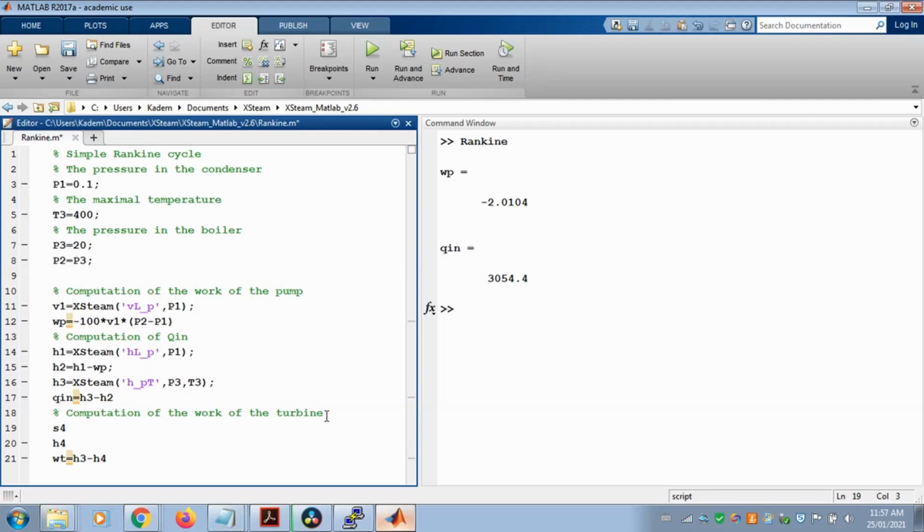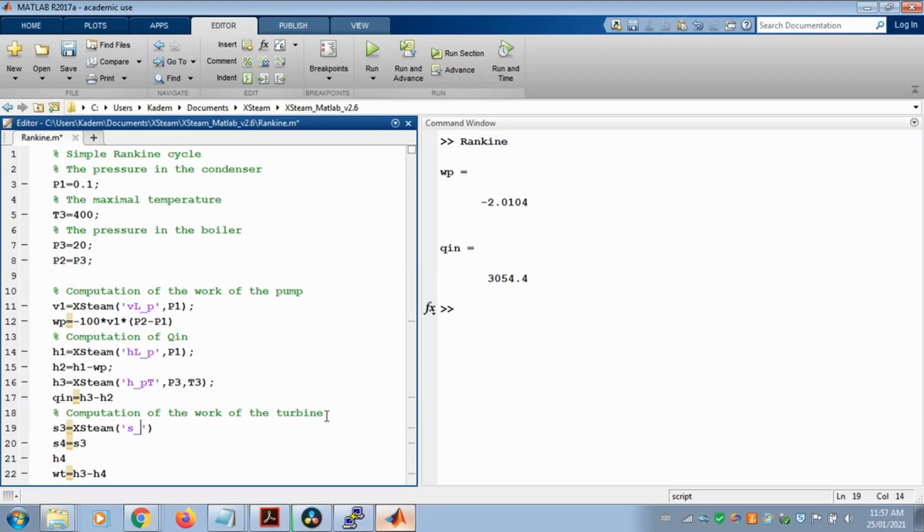We said S4 is equal to S3. Do we know the entropy? No, we don't. So we have to calculate S3. And for this, we call again the Xtheme function. What we are looking for here is our entropy.